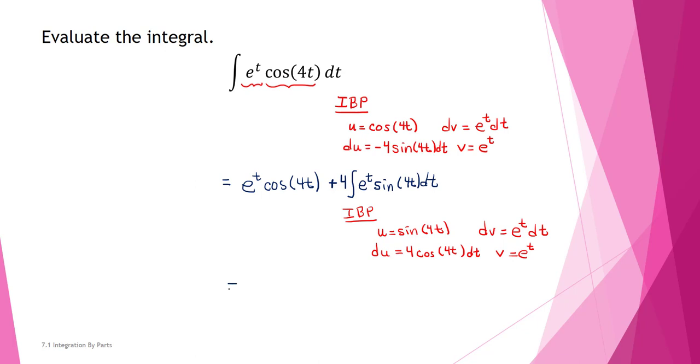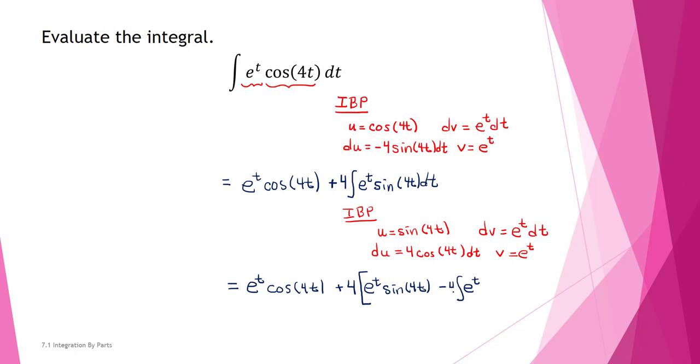All right, and using integration by parts, first we have this e to the t cosine of 4t from the previous step, and then we have a plus 4 times this integral. Okay, so u times v is e to the t sine of 4t, and then minus the integral of v du, which is e to the t.